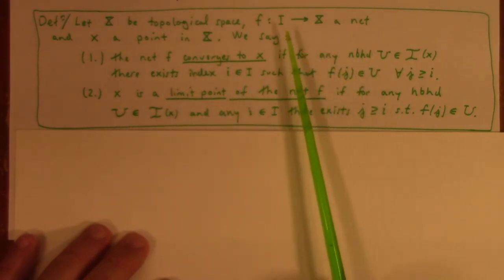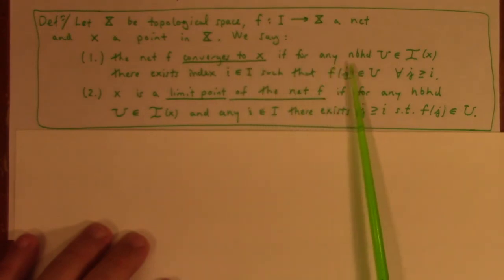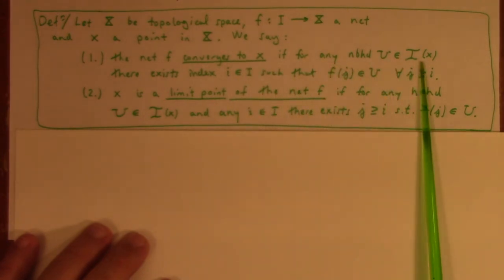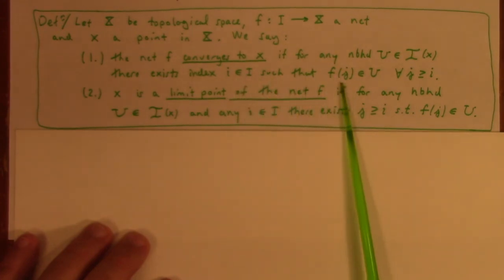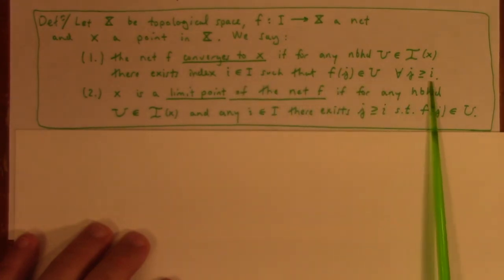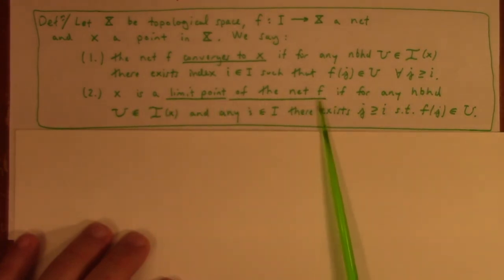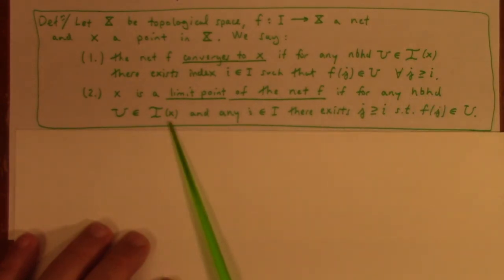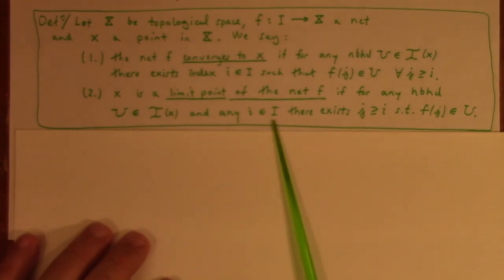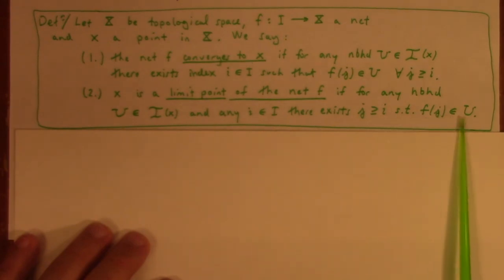So, say the net F converges to X if for any neighborhood U of the point there exists an index I such that F_j is an element of U for all j larger than I. And X is a limit point for a net F if for any neighborhood U of X, and for any I in the index set there exists a j larger than that I, such that F(j) is in U.